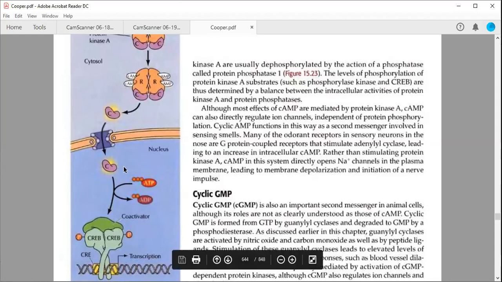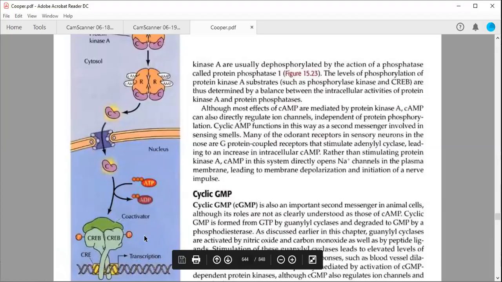Now this catalytic subunit will add a phosphate over the serine or threonine residue in this protein from ATP. ATP is converted into ADP, and the gamma phosphate is transferred to CREB. CREB forms a heterodimer, and a co-activator will come and bind to this complex, so that the transcription of the target gene will be activated.